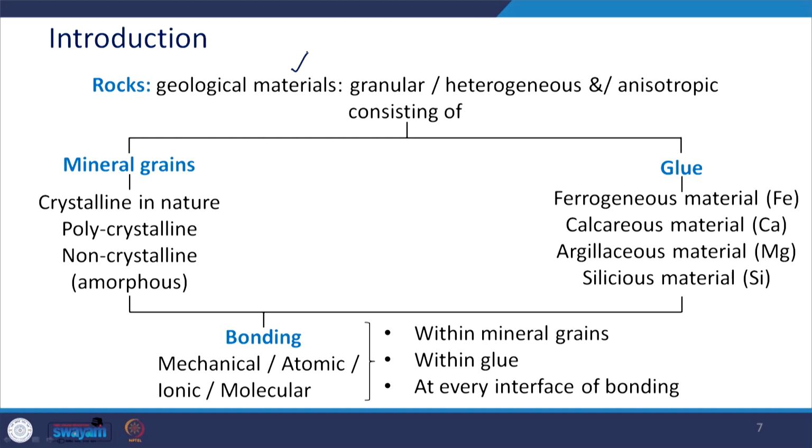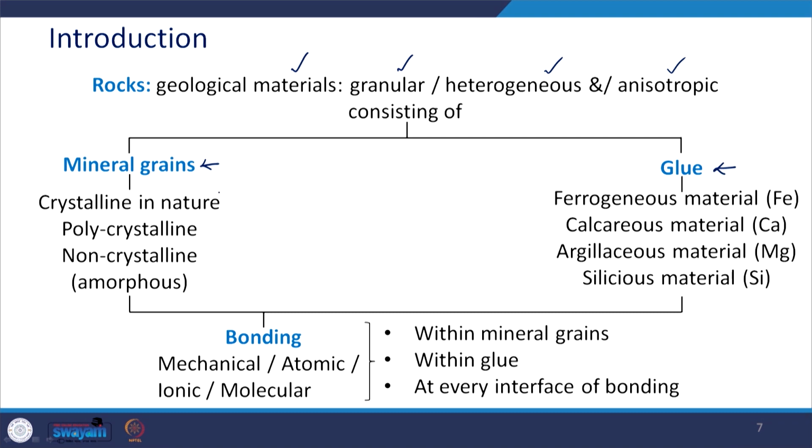So, to start with, rocks are geological materials, and these are granular, heterogeneous and anisotropic, and they consist of two components. The first one is the mineral grains and the other one is glue.